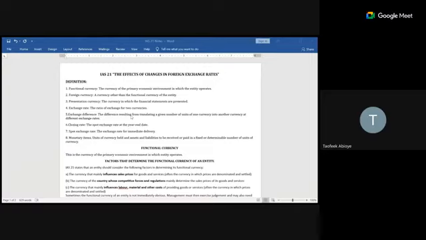Then we have presentation currency, which is the currency in which the financial statements are presented. Just like I said, the IAS 1 requirement is that the functional currency must be the presentation currency. Then exchange rate, which is the ratio of exchange of two currencies. Then we have exchange difference.